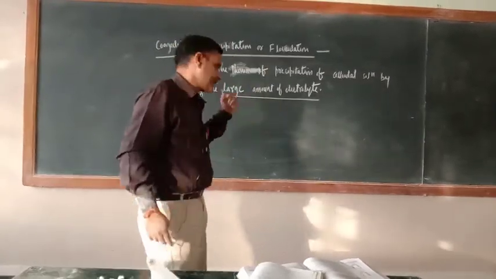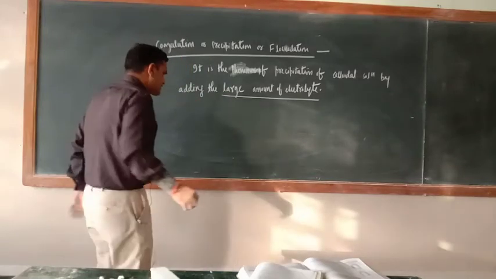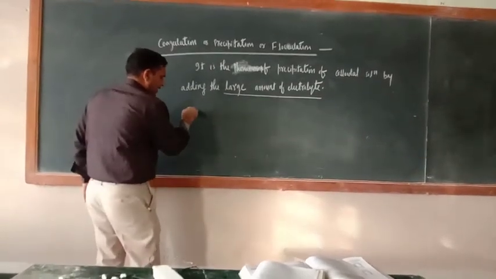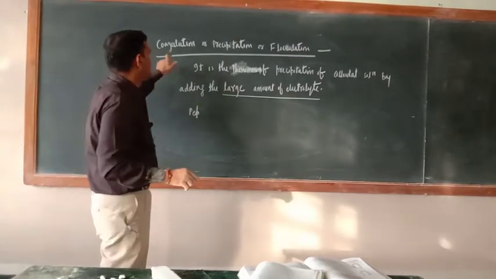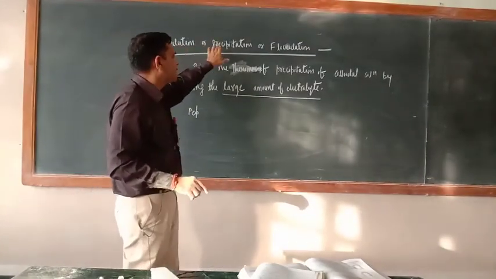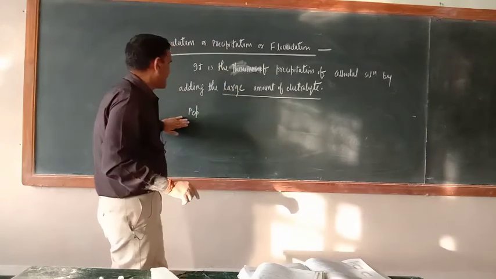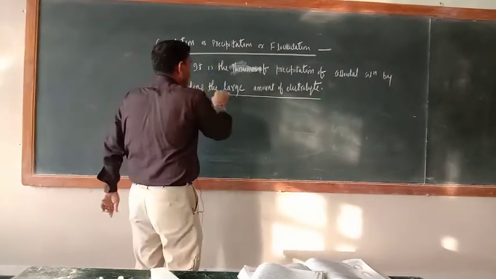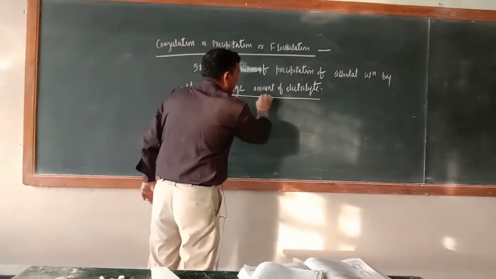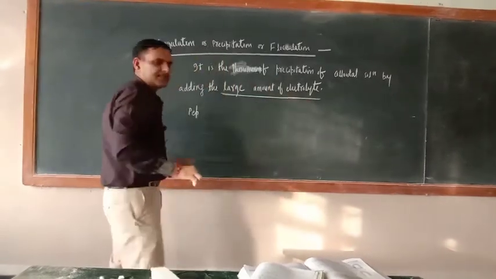How? Just see. I am reminding peptidation, and I am trying hard to differentiate between coagulation, precipitation and peptidation. Which word have they used? For coagulation or precipitation, a large amount of electrolyte is added.